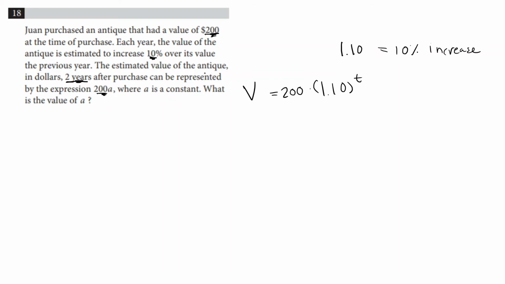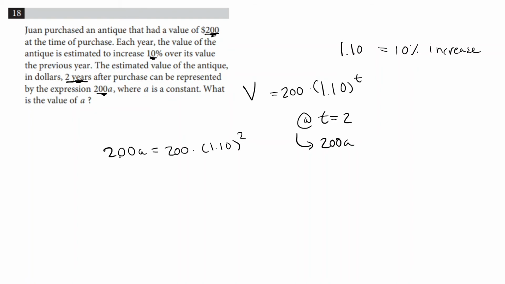So we know that the estimated value of the antique in dollars 2 years after the purchase, right? So at t is equal to 2, is then equal to 200A. We have to find out what A is, right? So we set up an equation. 200A is equal to 200 times 1.10 to the power of how many years? 2.